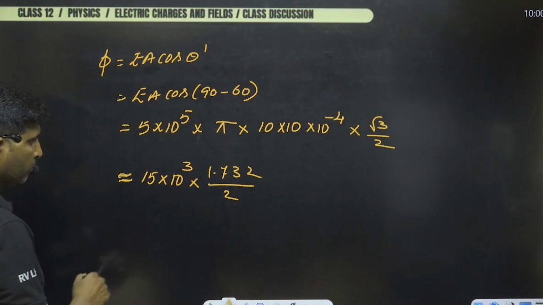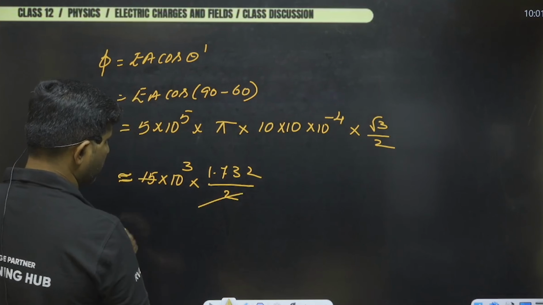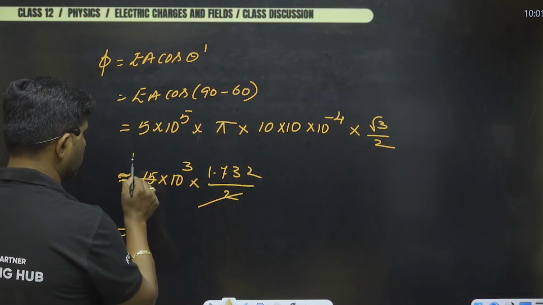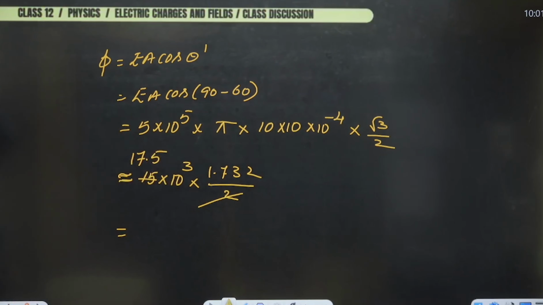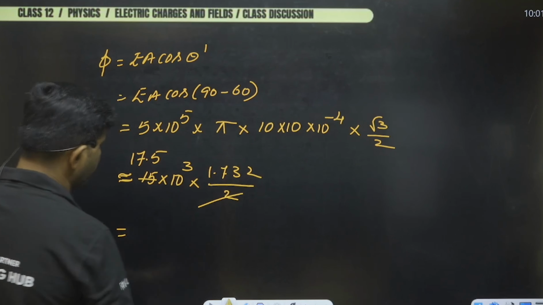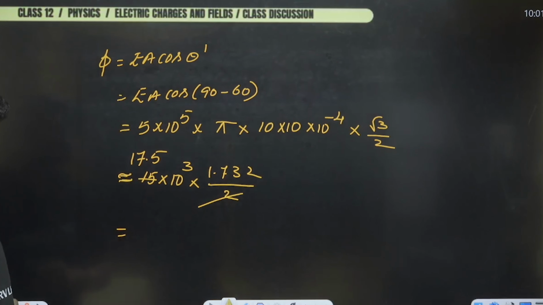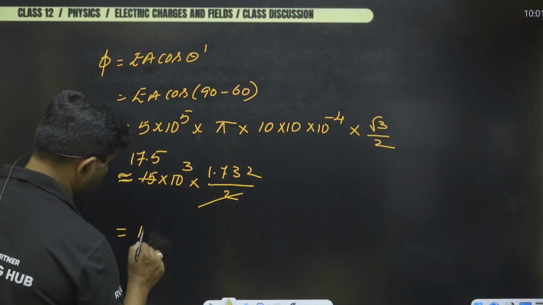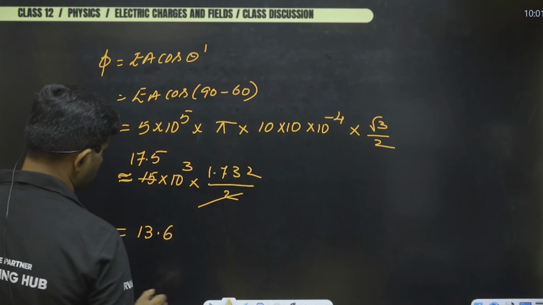So whenever we do the simplification here, you will get 15, in the sense we can go with 17.5, approximately 17.5. So if you do multiplication, you will get nearly 13.6 something. Is it right, 13.6.